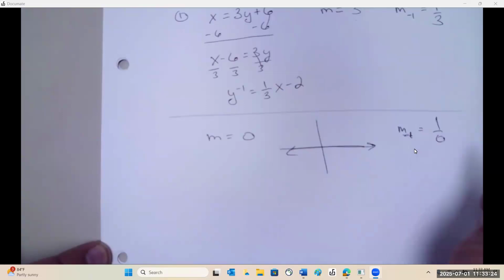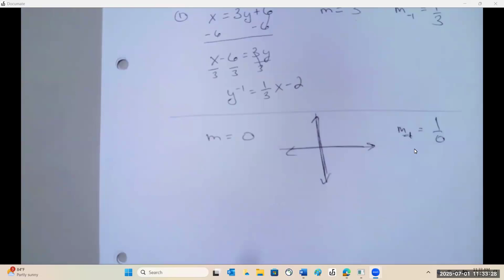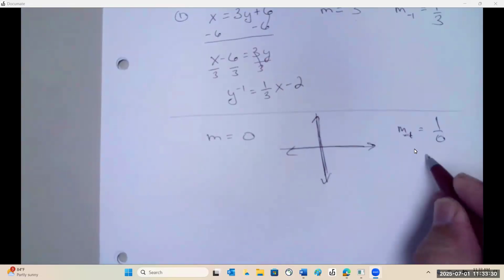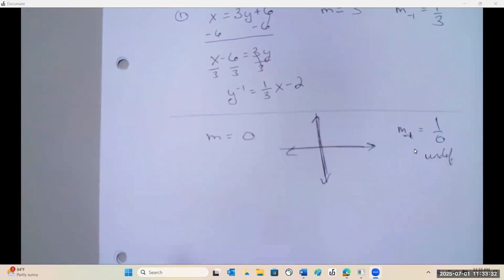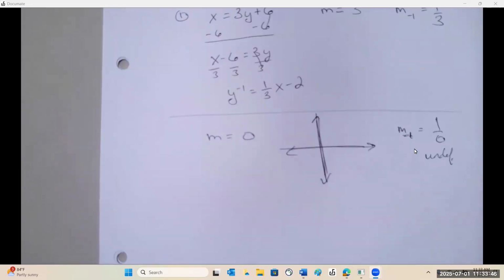It would be 1 over 0, which is undefined, which is a vertical line. We can't do that. So that's why all of our functions will always be functions with respect to some angle, some slope not equal to 0. So if they equal 0, then we can't do the inverse.